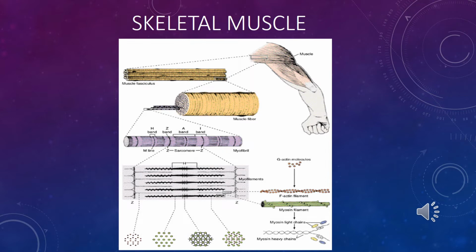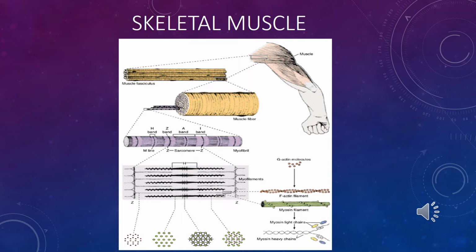This is a good scheme from your textbook. You can see the structure of skeletal muscle, starting from the muscle in general, an organ, and next it includes muscular fasciculi, which include muscle fibers inside. Every muscle fiber includes sarcomeres, the unit of contraction. Each sarcomere includes lines or zones, dark staining and light staining.